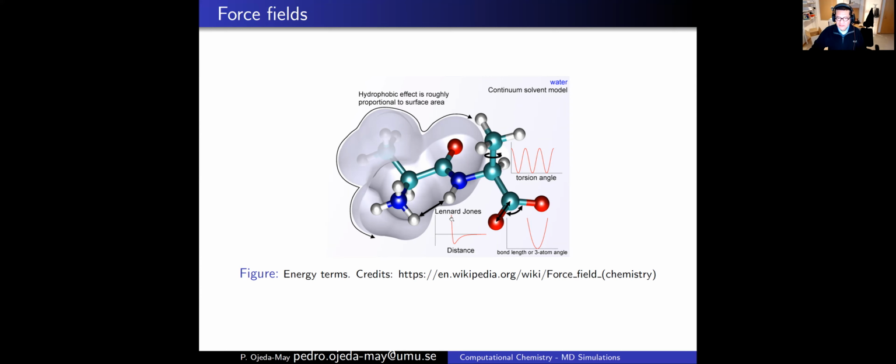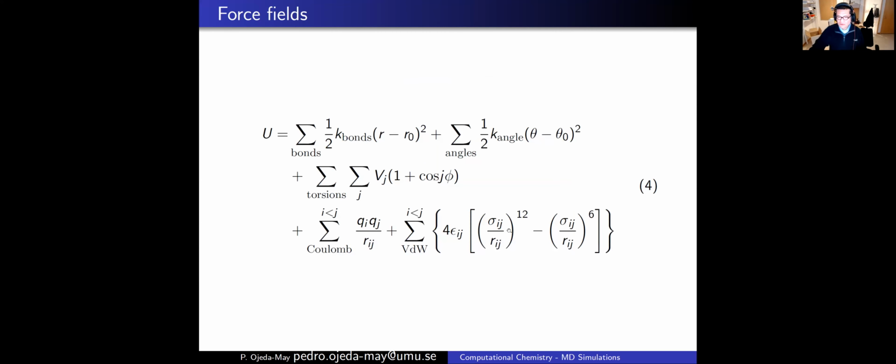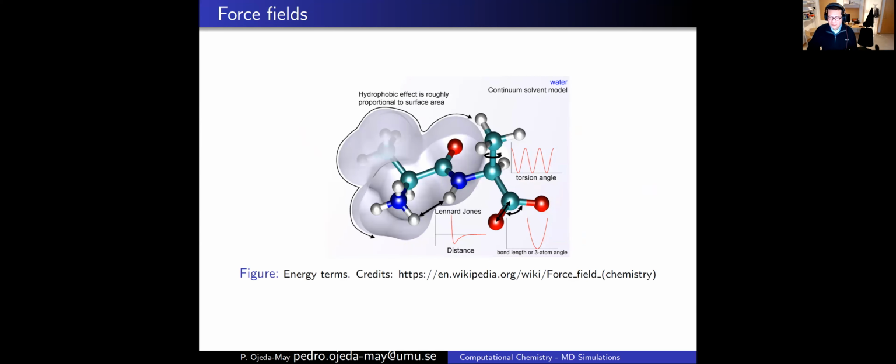Then the Lennard-Jones parameters, which are modeled by this type of function, also called the 12-6 term, right? So in the Lennard-Jones, we need to define a parameter called epsilon, and also the sigma parameters for the radii of the atoms. So notice that in classical molecular dynamics, the atoms basically are balls. It's like having two balls and making them interact.